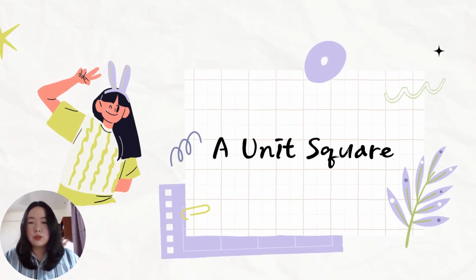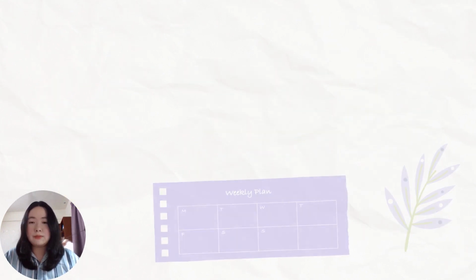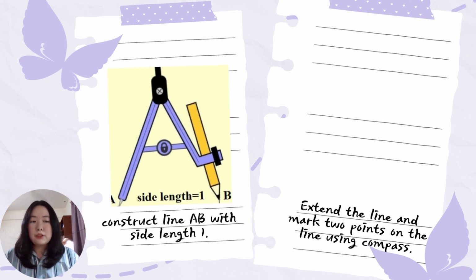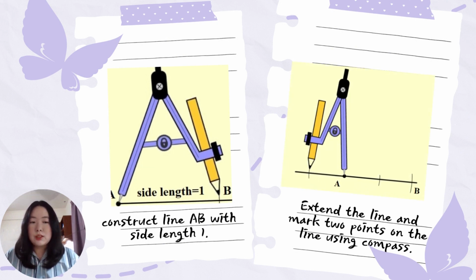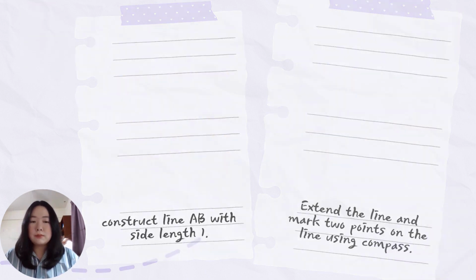Now I will show the construction of a unit square. So, we start by constructing line AB with side length 1, which is considered a unit. After line AB with side length 1 is formed, we extend the line and mark 2 points on the line by using the compass.